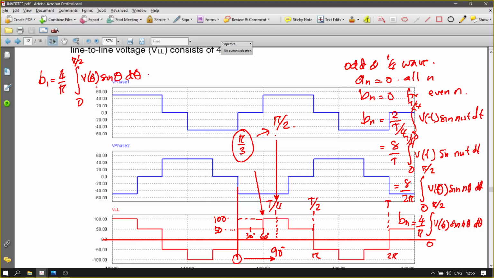Okay, then if I go back to the line to line voltage here, I will have two components. 4 over pi.